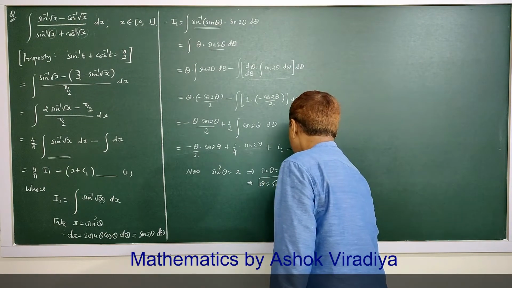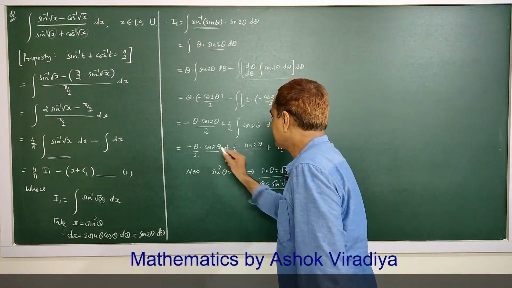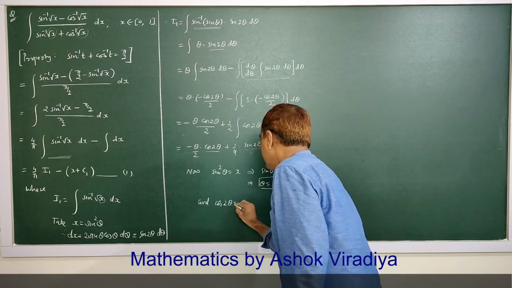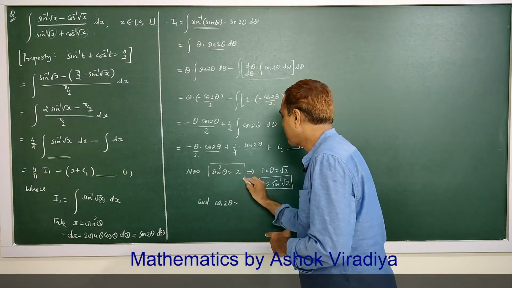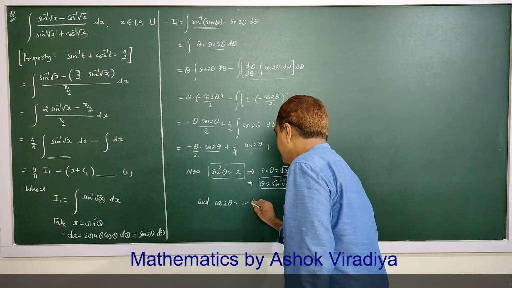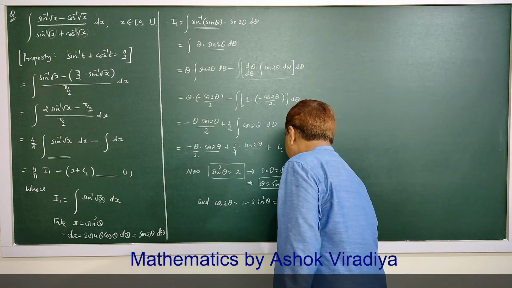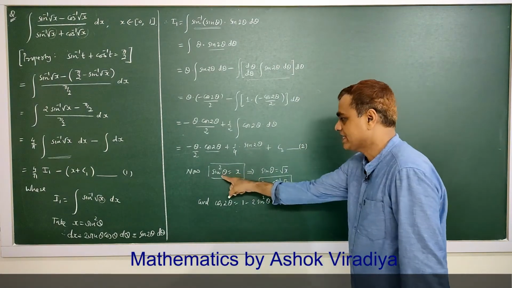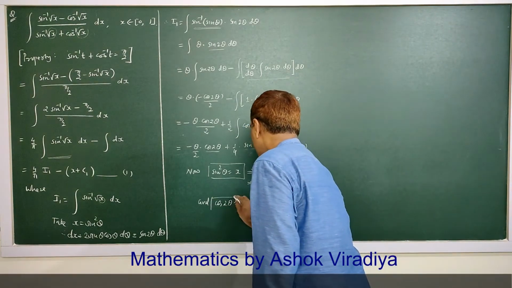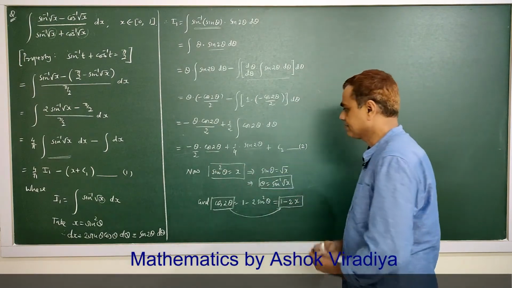This value we will substitute here. Then cos 2 theta is required. Because we have the value of sine square theta as x, for cos 2 theta we use the identity 1 minus 2 sine square theta. So it is 1 minus 2x. This will be the value of cos 2 theta, which we keep here in terms of x.